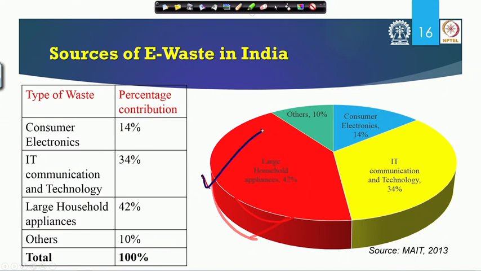The next one is IT and communication technology at around 34%. So the biggest, 42%, is large household appliances, IT and communication is 34%, and then you have consumer electronics. Consumer electronics include your laptops, mobile phones, iPads, desktops, any consumer electronics that you buy. That is your 14%.